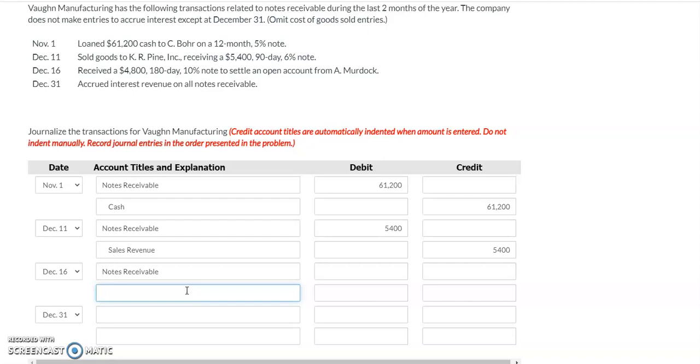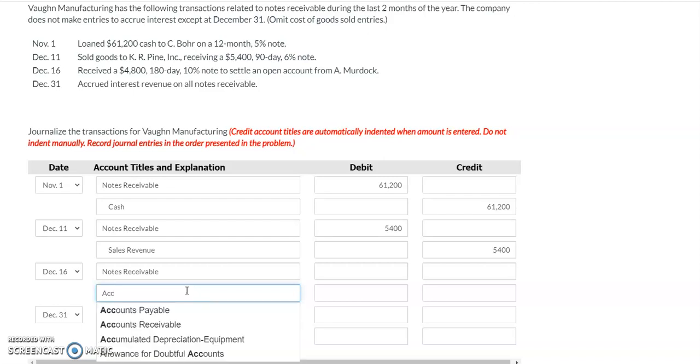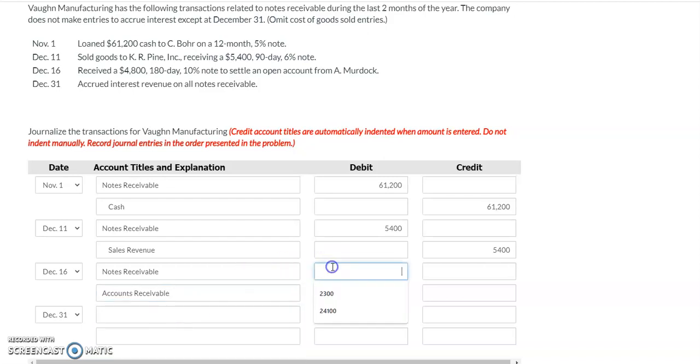And the difference between the accounts receivable and the notes receivable is that the notes receivable typically has a longer time period for payment, and also there is interest that will be received. So the company is going to now credit accounts receivable, and the amount in our debit and credit columns is $4,800.